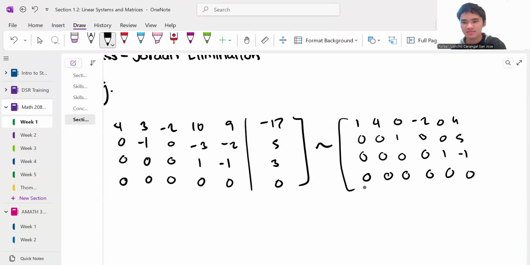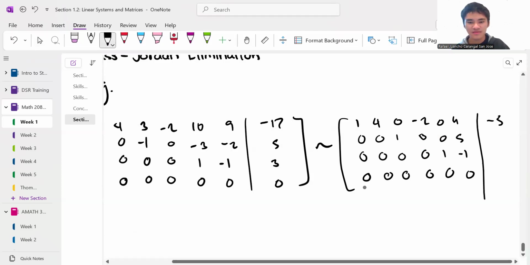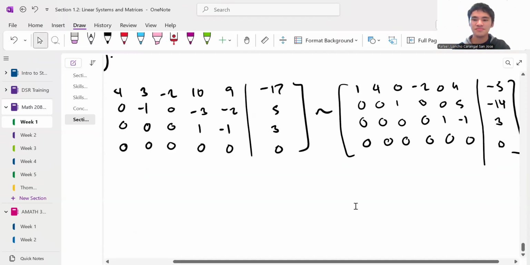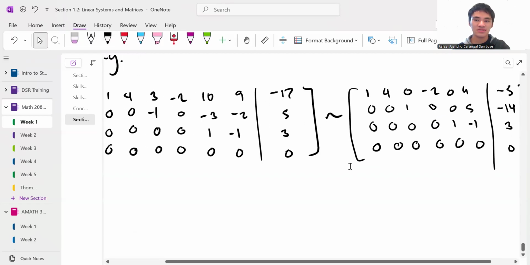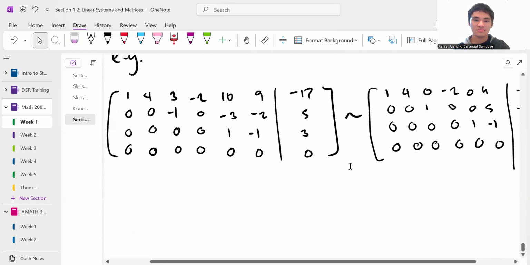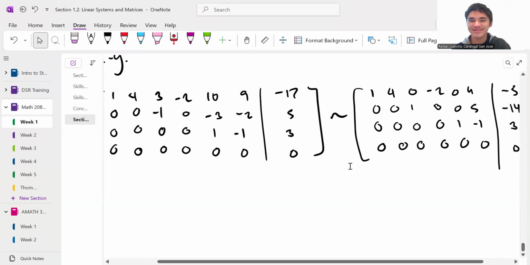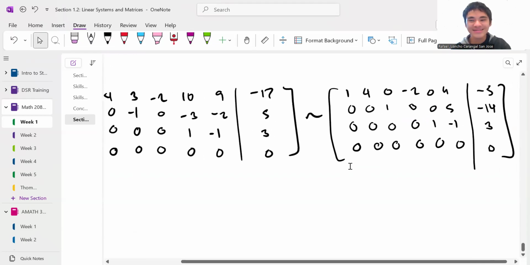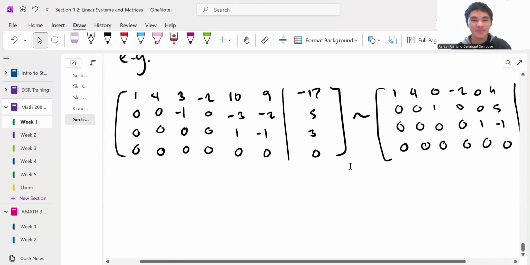Oh, this is the last one. -5 -14 3 0. So again, we have that 0 row, but there is a difference, right? You guys can tell. No, but there is a difference.